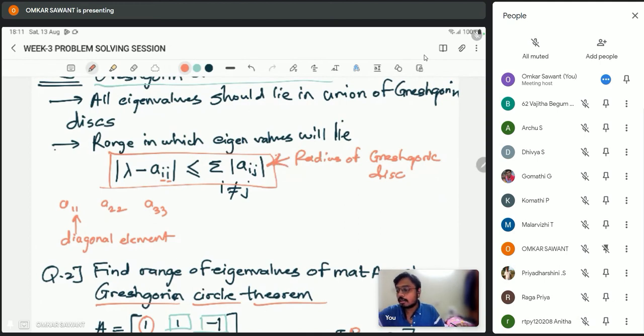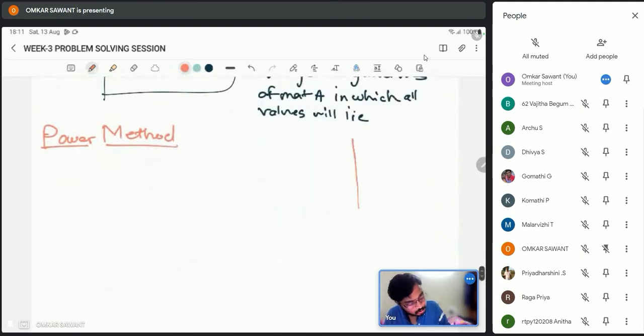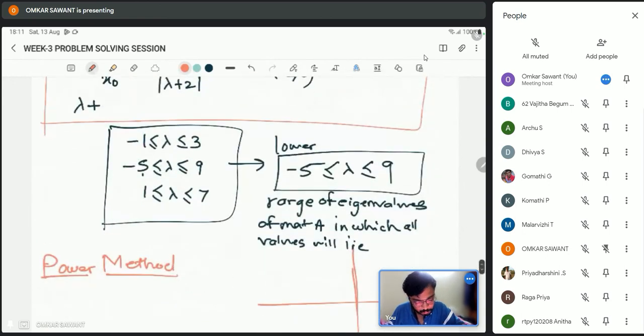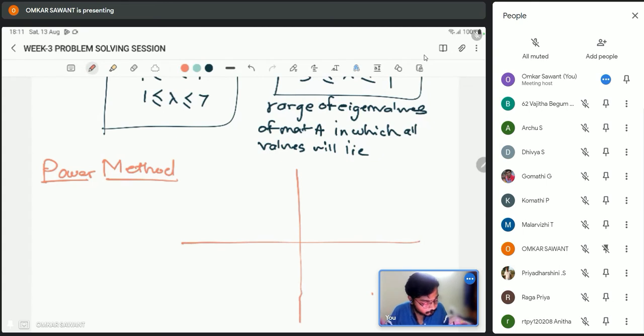So, just for your clarity, if you try to plot it, what is the center? 2 is the center, right?